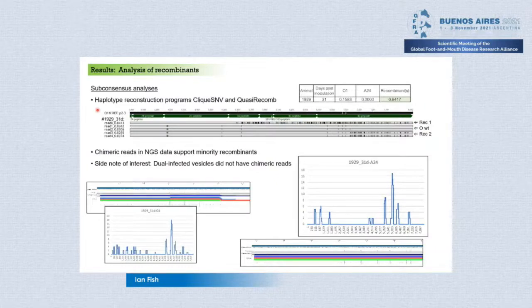Because we did deep sequencing of these samples, we could also use this data to get an idea of any minority viruses that might be present. We used haplotype reconstruction programs, which showed us that, especially in the earlier samples, there were usually other recombinants at low levels. So in this example, from animal 1929 at 31 days, at about 84% you found the dominant recombinant with a breakpoint around 3A, right here. And then at around 12 or 13%, there was a non-recombinant O virus present.